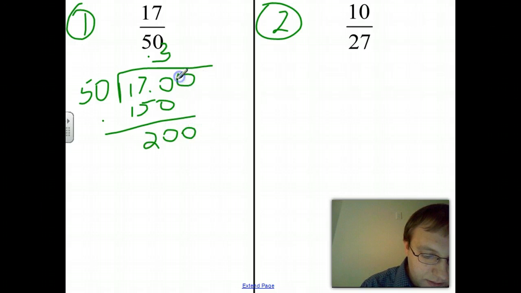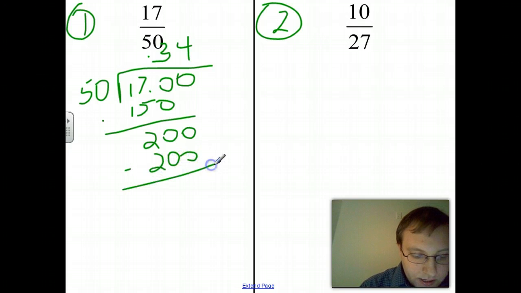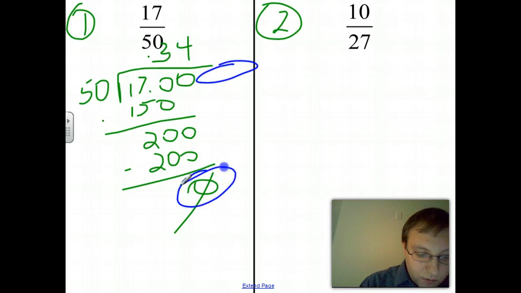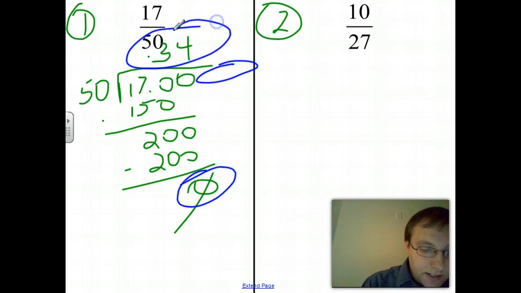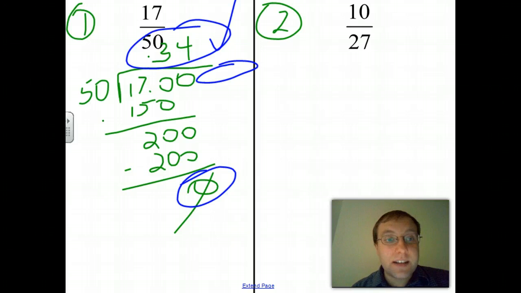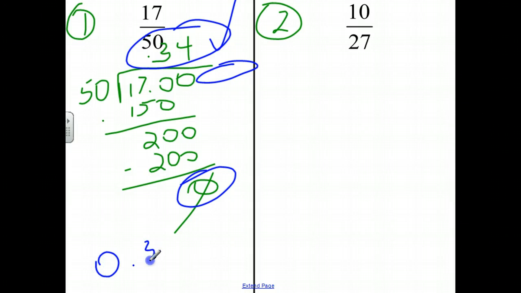Drop another 0 and it becomes 200. 50 goes into 200 4 times, and we get a 0. We have a 0 as our remainder, so that means our decimal has ended. 17/50ths is the same as 0.34, or 34/100ths.